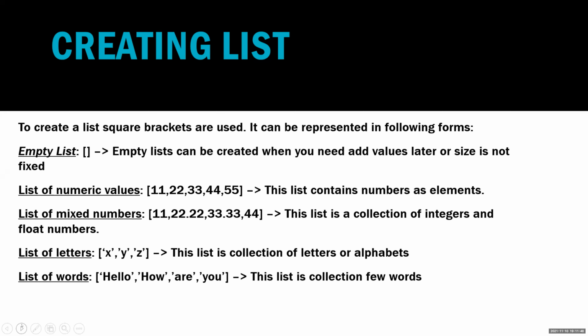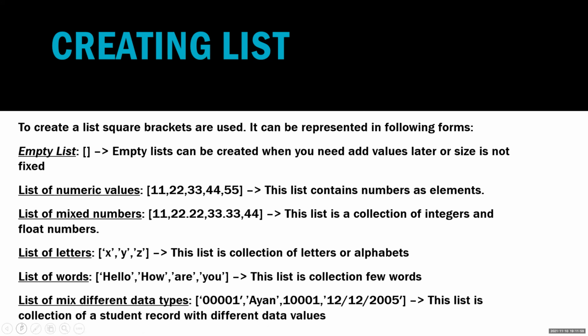Then a list of words, any words can be used. If we look into it, we can call it a string also, as we need. And a list of mixed types, where we can mix different data types into one list.